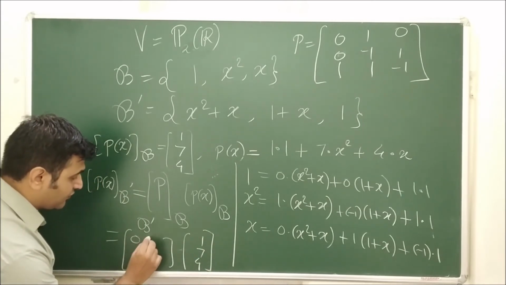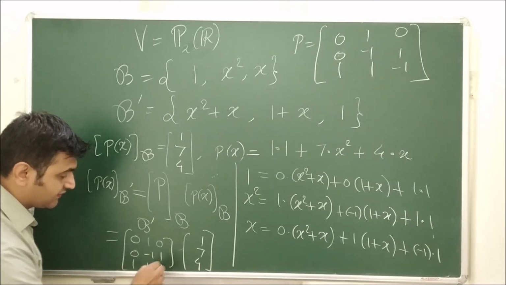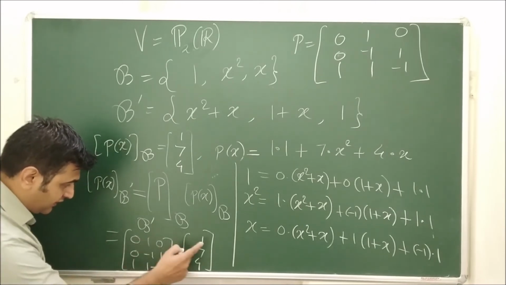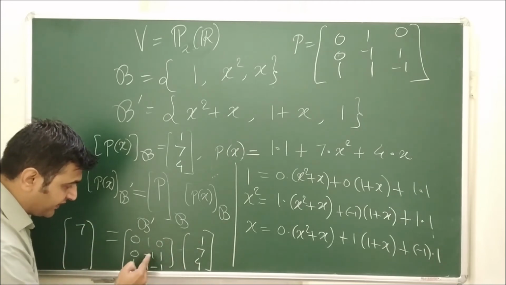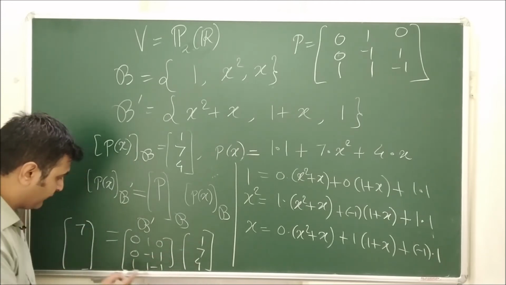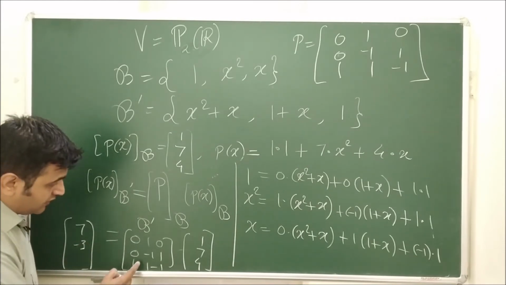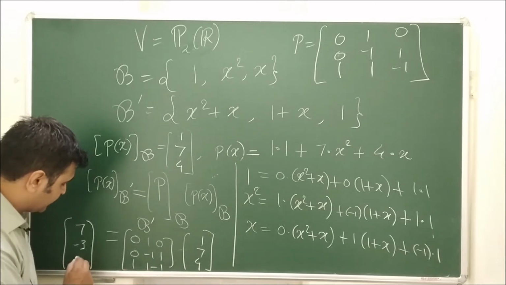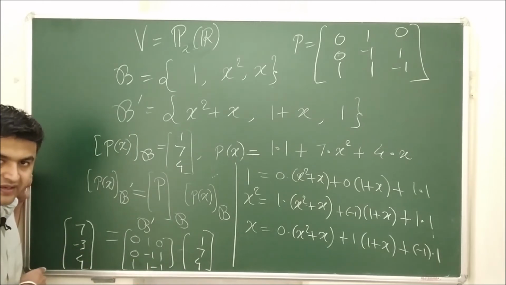If you do the multiplication, the first answer will be 7, the second will be minus 7 plus 4, which is minus 3, and the last one will be 1 plus 7 is 8, 8 minus 4 is 4. And I think this is what we got earlier, right?